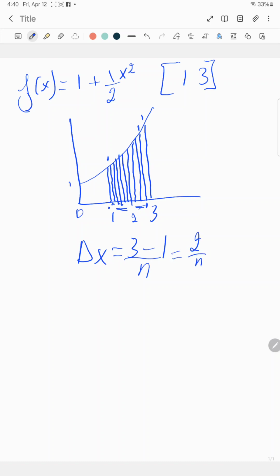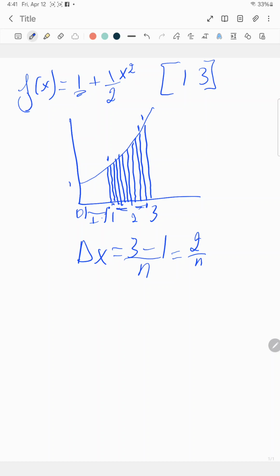And if I want the height, f of x, I have to add 1 first here, because there is a 1 that I added because I'm studying between 1 and 3, plus 1/2 x squared.